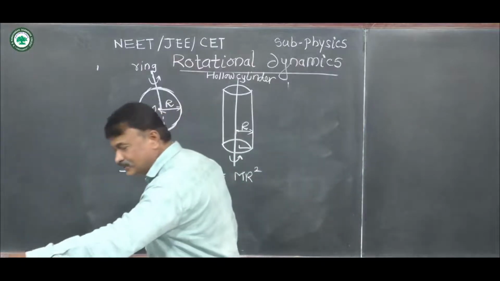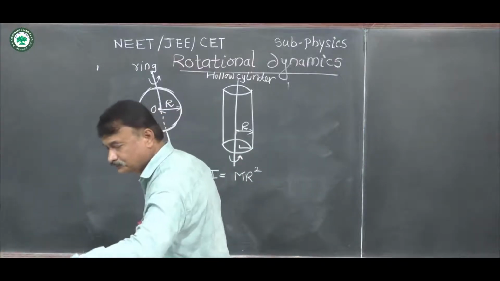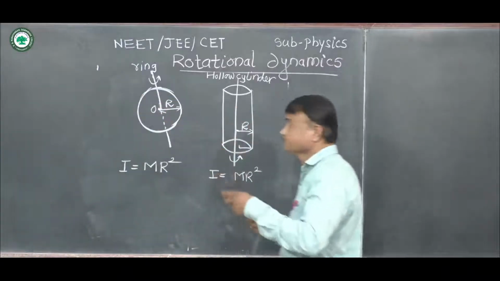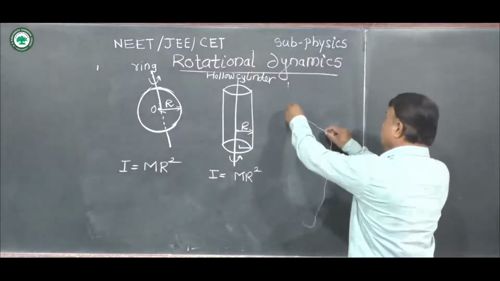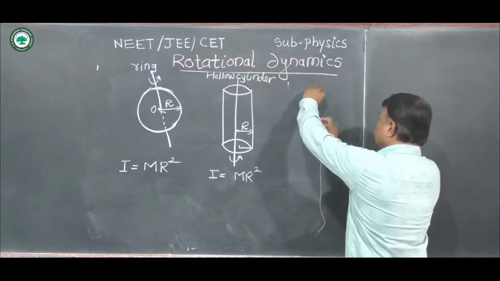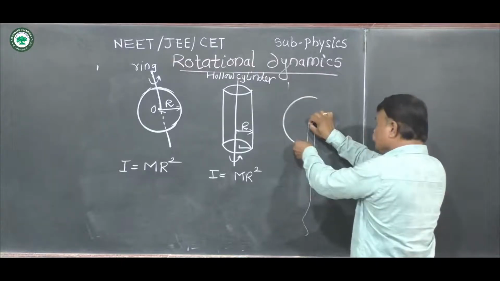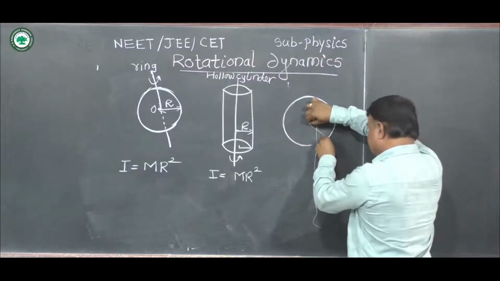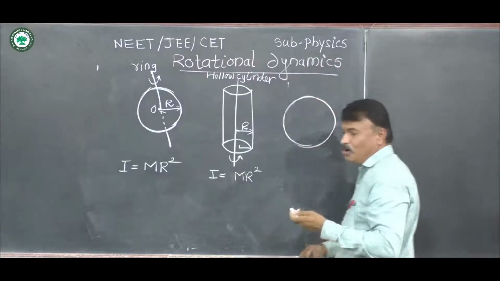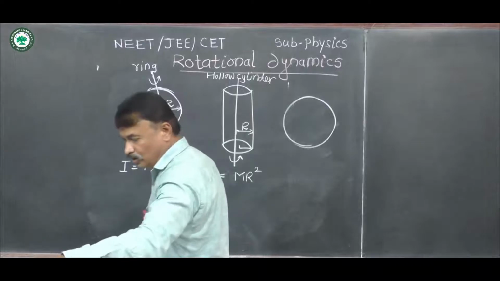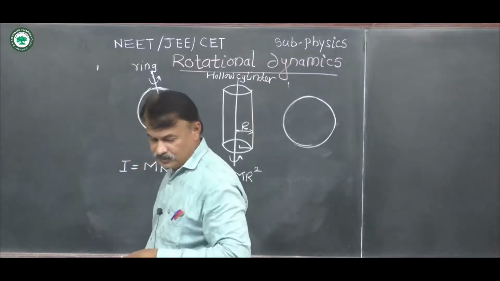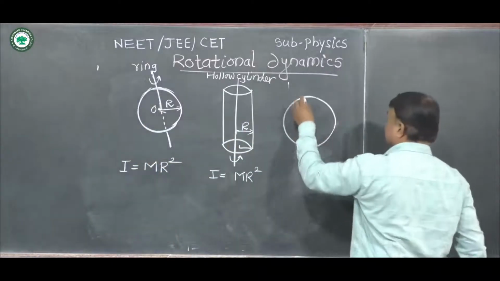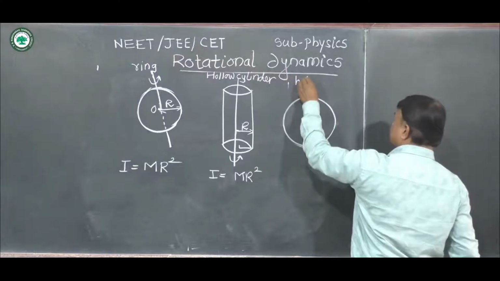Now if we consider the same hollow ring, and its radius goes on decreasing, then there is formation of a hollow sphere.